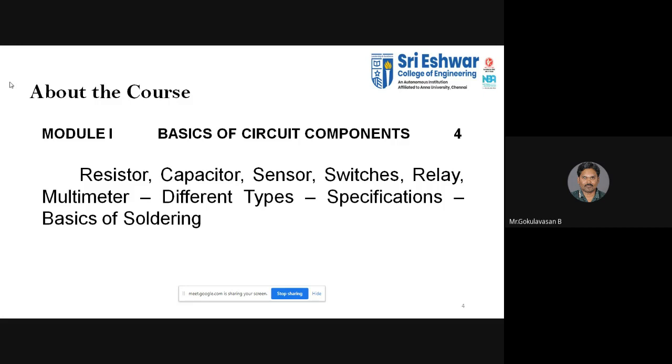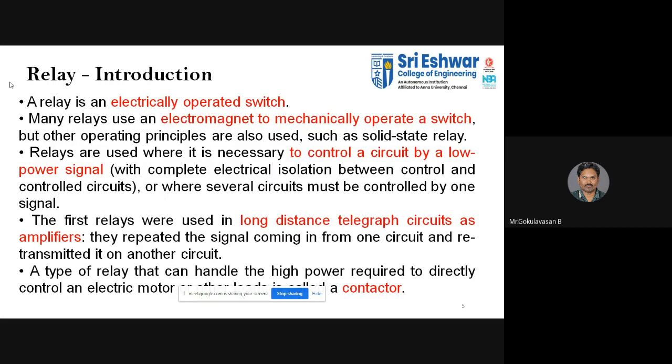Coming to what a relay is. Coming to the introduction of relay, as we all know, a relay is an electrically operated switch. For this, you should first know the basic difference between electrical and electronics.